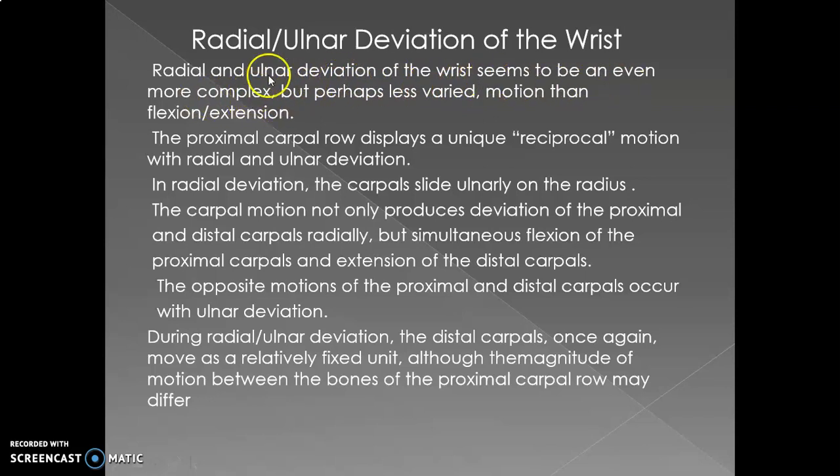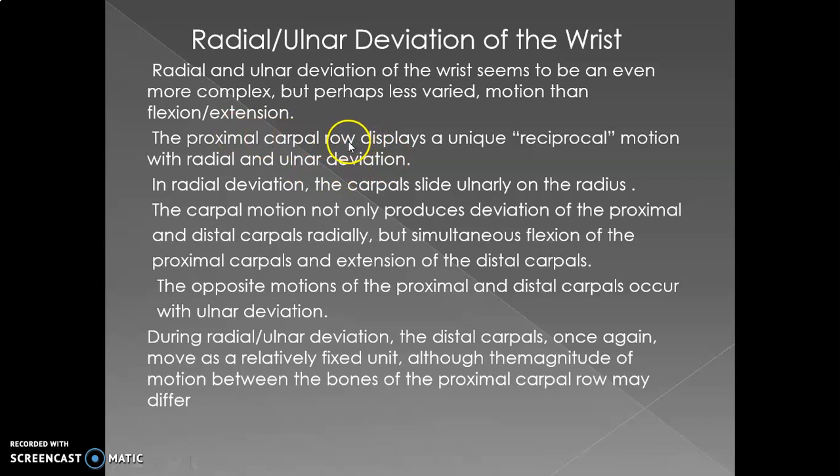The authors are saying that radial and ulnar deviation are more complex biomechanics than flexion extension, but perhaps less varied motion than flexion extension. It is more complex but less varied. The proximal carpal row displays a unique reciprocal motion with radial and ulnar deviation.